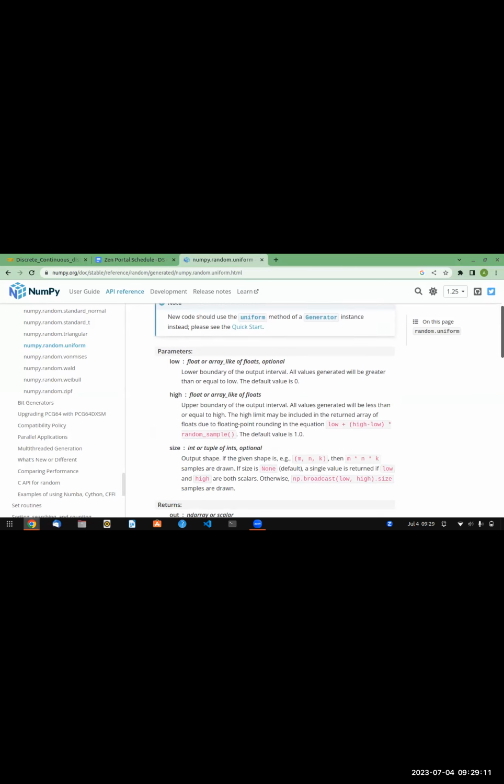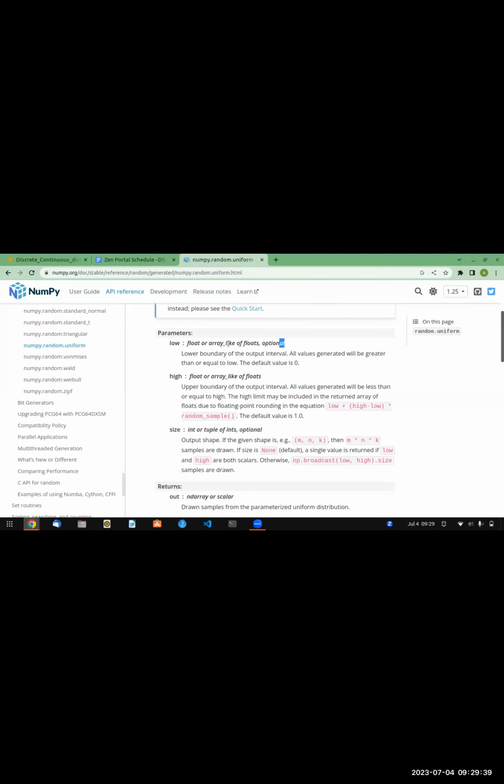What is size? If you don't know what size is, you first go to the documentation. Size can be either an integer or a tuple of integers, which is actually optional. That means how many data points, or in which shape, how many columns, how many rows, 3D data, 2D data, you can generate by giving size. But here we are not using size. This is an optional parameter.